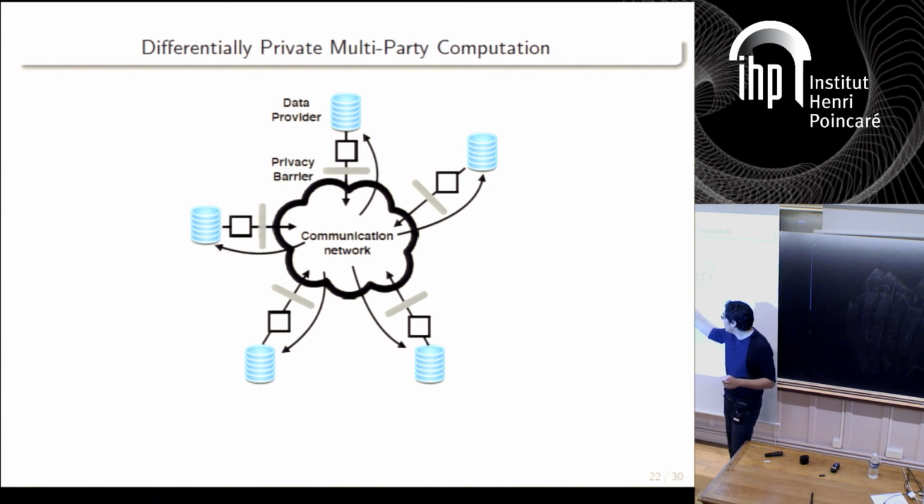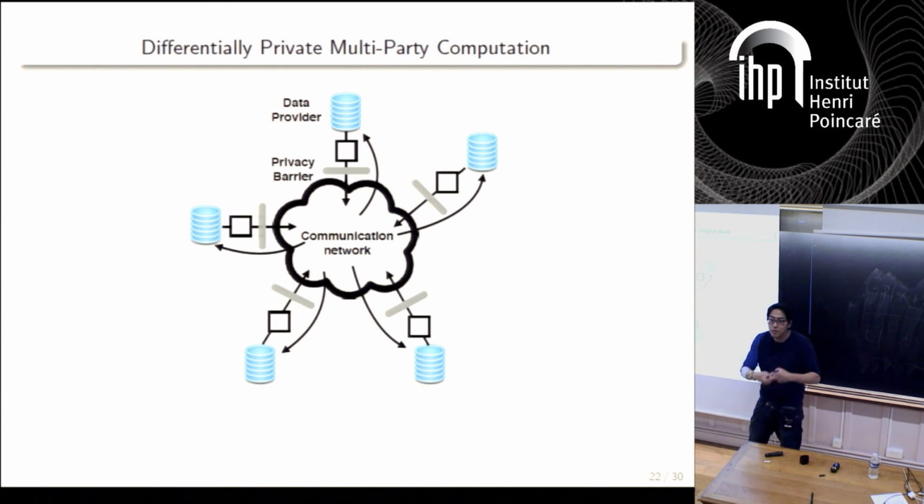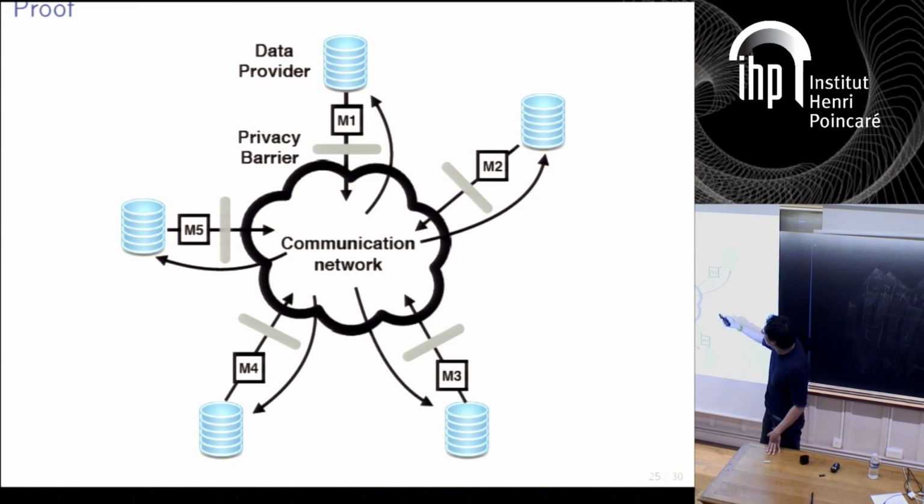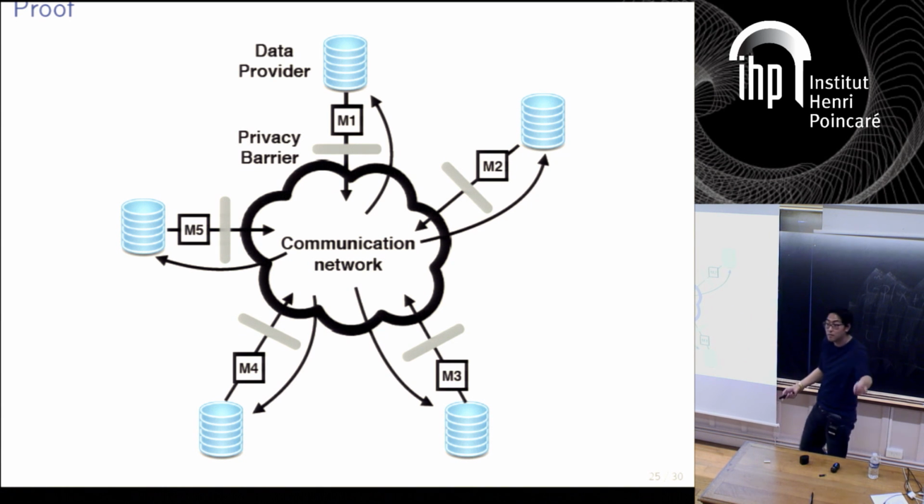And an outsider wants to compute a function over all this data, x1 through xk. And what we can show using our scheme is that each one is using a differentially private, let's say epsilon delta, mechanism to say something, and this can be interactive. You can wait until someone says something, listen to it, and try to say something.